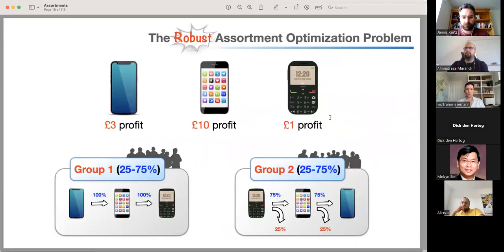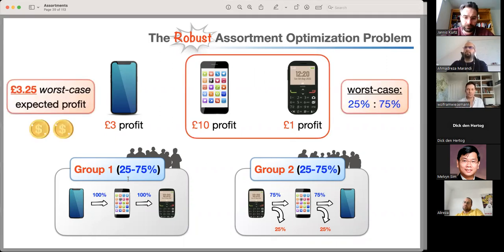So let's have a look at what robust optimization would do in our stylized example. Let's assume in our robust optimization model, we correctly anticipate that the uncertain group proportions vary between 25 and 75%, and of course that they add up to 100%. In that case, we have already seen that the expected profits of the optimal nominal assortment drop from £5.50 to £3.25.